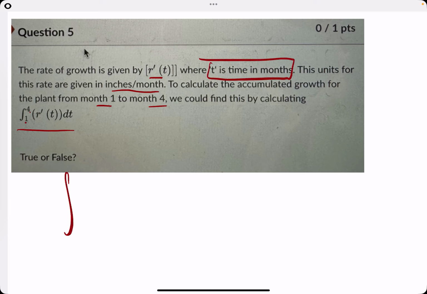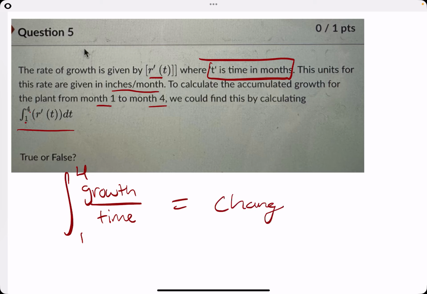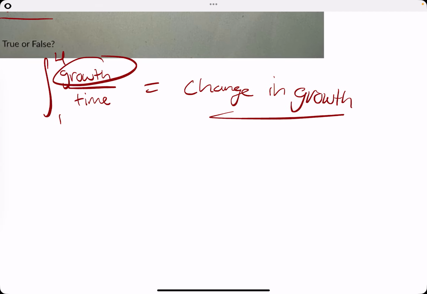When you integrate a rate of change, I guess we'll just call it growth over time, so growth per month over a change in months, what you get is just the change in growth, the change in whatever that top unit is.